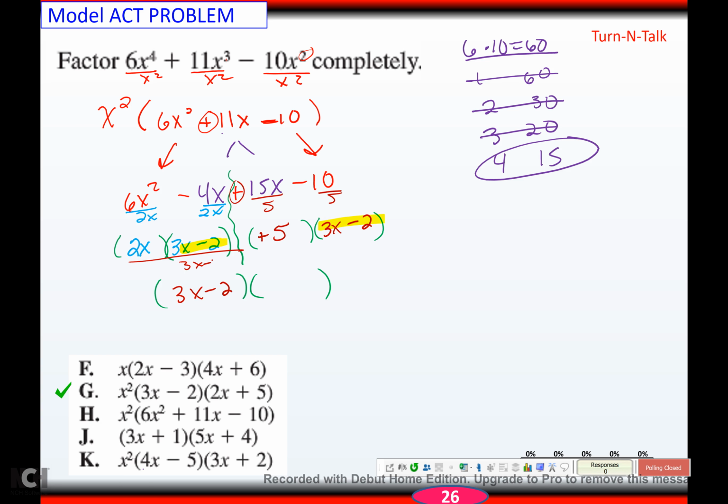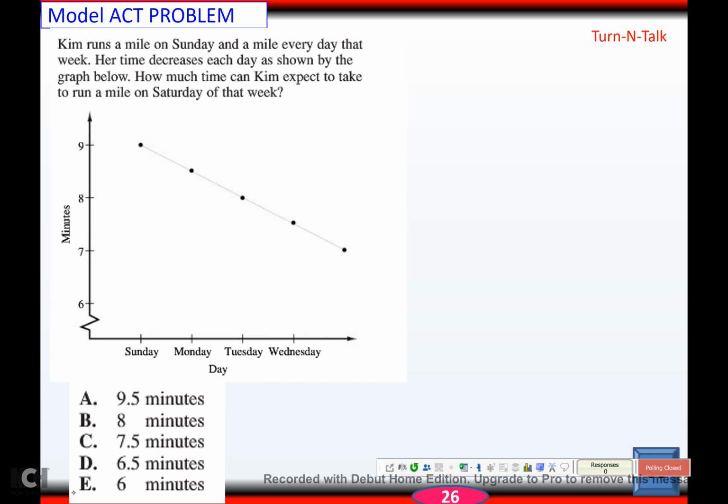If you factor that out of both sides of the wall, you're left with 2x plus 5. Okay? So my factors are, don't forget this guy, x squared, 3x minus 2, and 2x plus 5. Okay? Alright, try this one, hit pause, come back when you're ready.